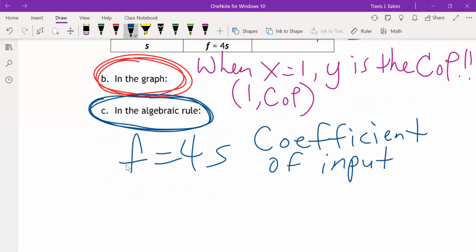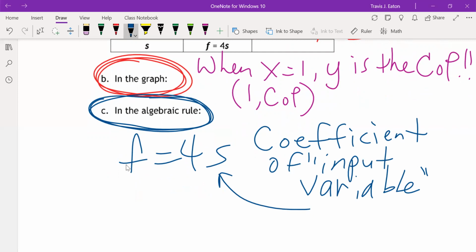And in this case, your input variable is the side length, S. So the coefficient of the input variable is 4. Remember, a coefficient is the number that is multiplied by a variable.